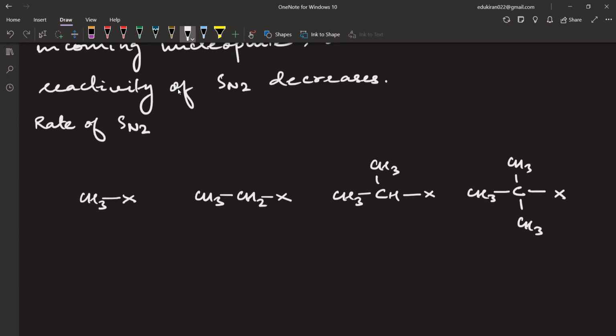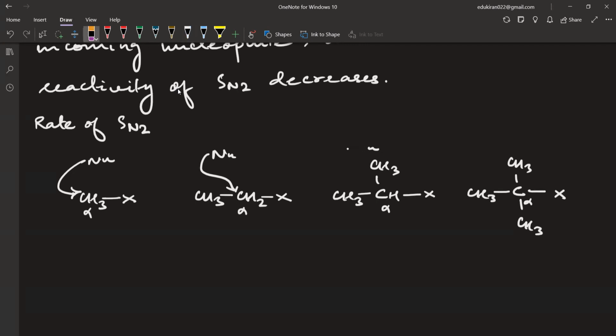See, the nucleophile has to attack from the backside. So backside of that carbon which is having X. This is alpha carbon, this is alpha carbon, this is alpha carbon, and this is alpha carbon. So you can see that if there is only hydrogen, then it will be easier to attack. But as soon as the alkyl groups start increasing, the attack will be difficult, because if the nucleophile is coming in this direction, this will be hindered by the CH3.